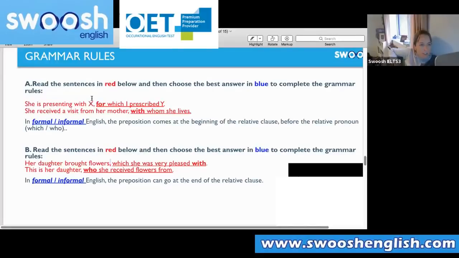So she's presenting with X. You can just finish the sentence there and it still makes sense, right? So I would say, Malak, probably you need a comma where you're not putting a comma. It's not a huge deal, but it might mean the difference between an A and a B. Yeah, that's true.